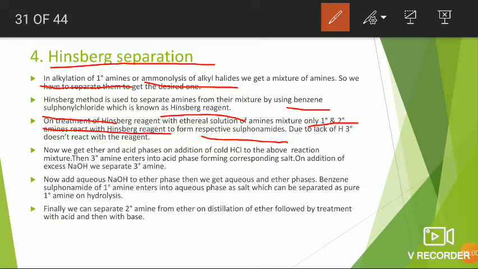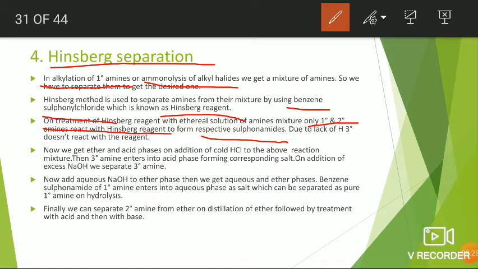On reaction of a primary amine with benzene sulfonyl chloride, that is Hinsberg reagent, we get N-alkyl benzene sulfonamide. On reaction of a secondary amine with sulfonyl chloride, we get N,N-dialkyl benzene sulfonamide.